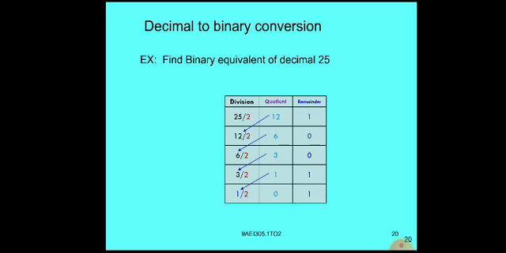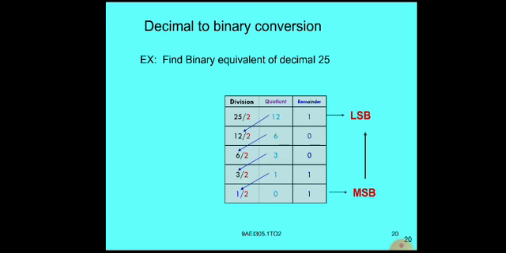So this is the procedure, and all the remainders you record from the bottom to top. So the top bit is the LSB bit, the bottom bit will be the MSB bit.